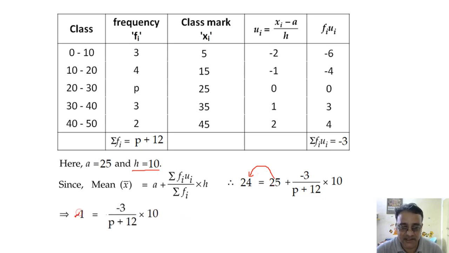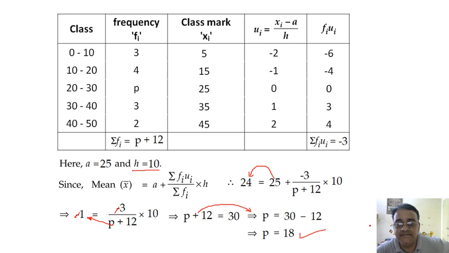This minus minus we can cancel. Now cross multiply. So P plus 12 is equal to 30. Again shift plus 12 to this side. So we'll get P is equal to 30 minus 12, and the final answer is 18. Any doubt in this question?